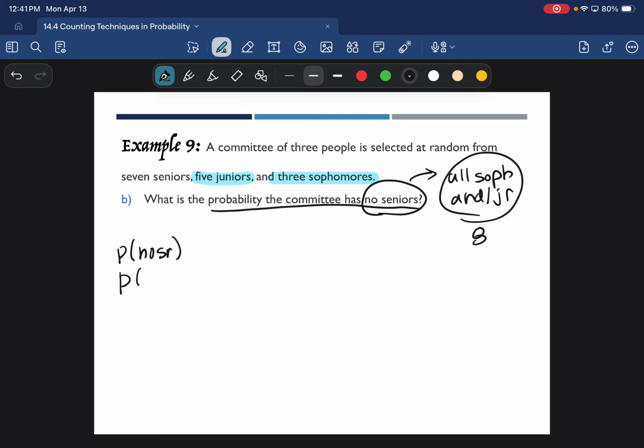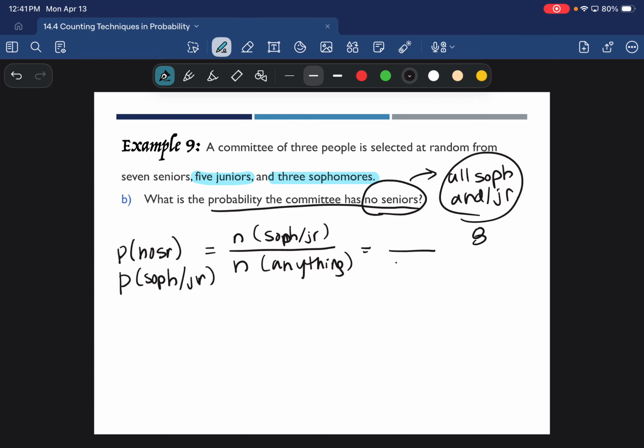Or you could equivalently say this is a probability of having sophomores and or juniors, right? So what we want on top is the number of ways of having the sophomores, juniors, compared to the number of anything. But I contend we already know one of those numbers. Which one do we know? The anything. It's still the same 455 that we had before, right?